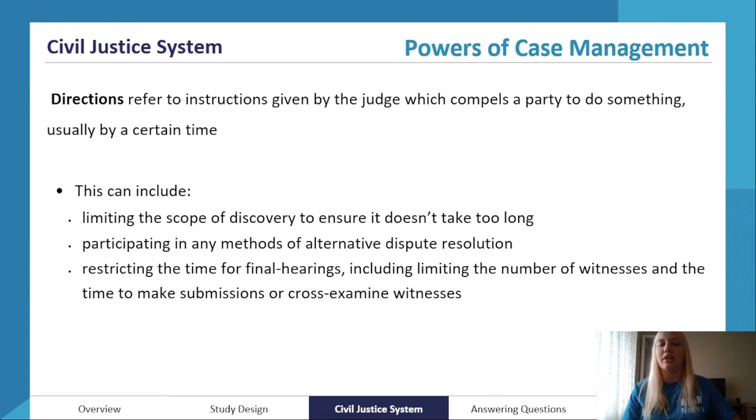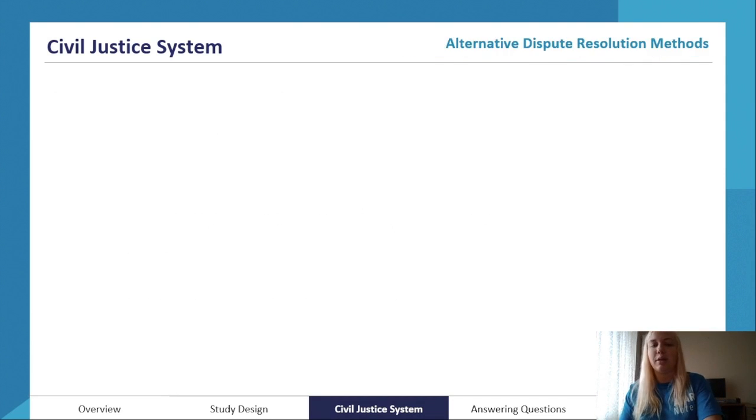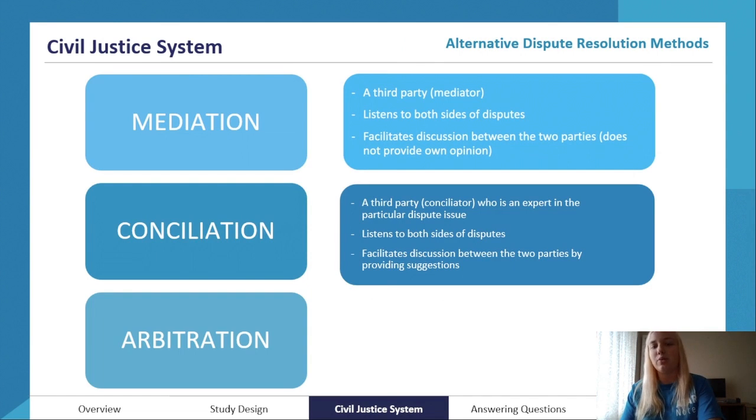So they all end up having an arbitration hearing. Also, restricting the time for final hearings, including limiting the number of witnesses and the time to make submissions or cross-examine witnesses. So the judge might reduce the number of witnesses to make sure they're all relevant, and might reduce cross-examination time to make sure that procedures just move along a bit more smoothly and quickly.